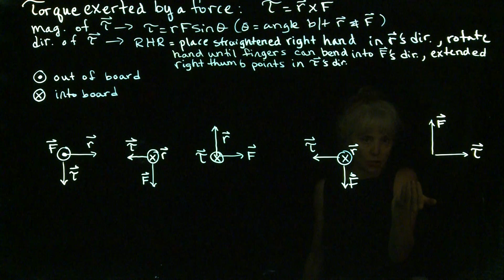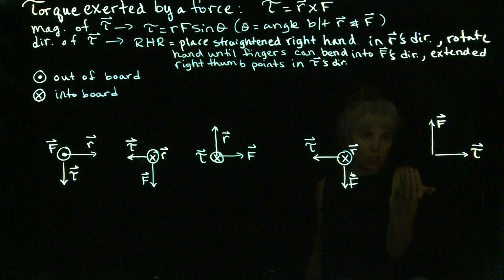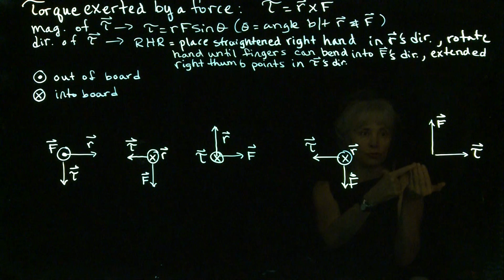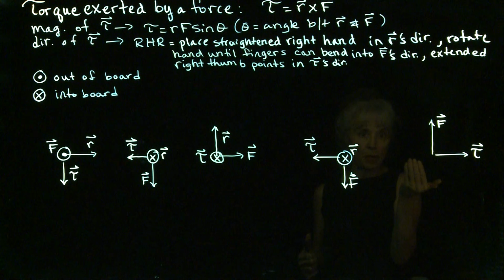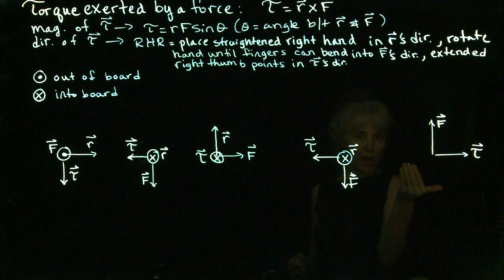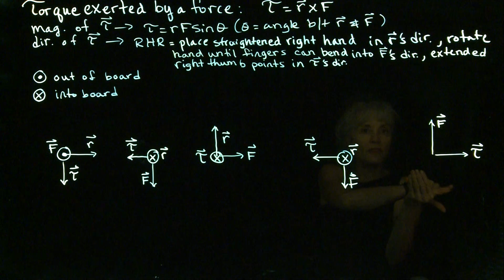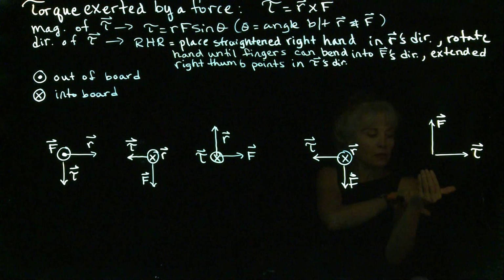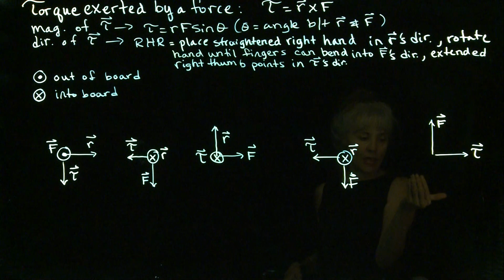So my fingers, when they're bent, should be in the direction of F, with again the base of my fingers being the tail of F and the tip of my fingers being the tip of F. My extended thumb should be in the direction of the torque, with the tip of the torque being my thumbnail, and the tail of the torque being the base of my thumb.